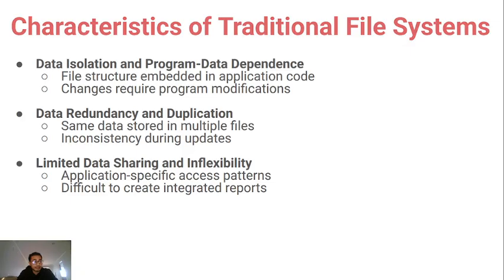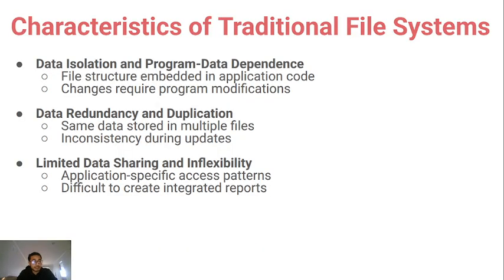For example, customer information could be found in the sales, shipping, and billing files. This redundancy wastes storage space and, more importantly, causes data inconsistency. If a customer's address changes, all files must be updated. However, certain files are frequently updated while others remain unchanged, resulting in contradicting information.